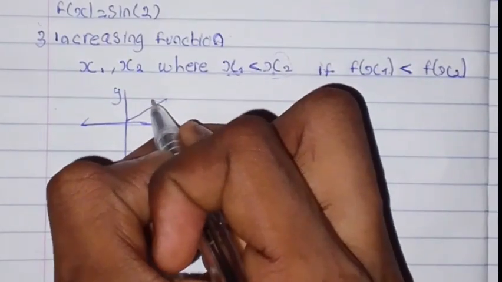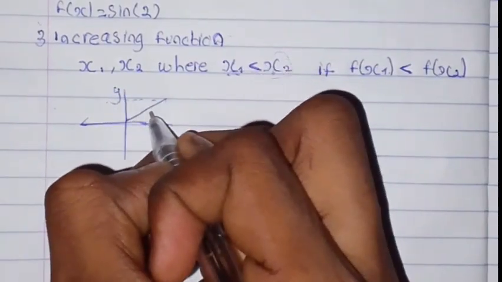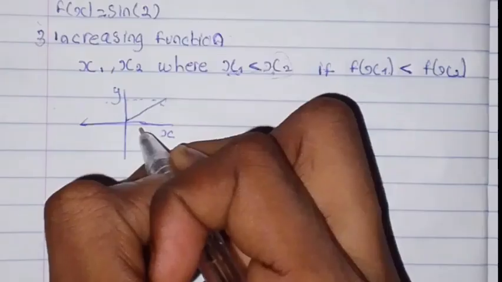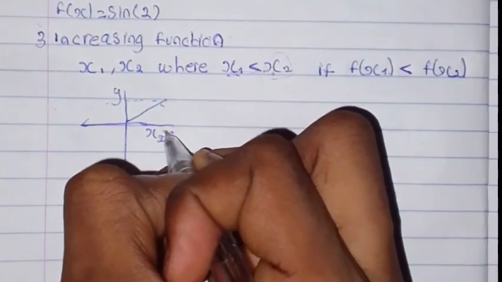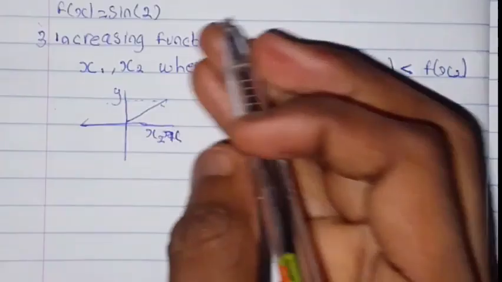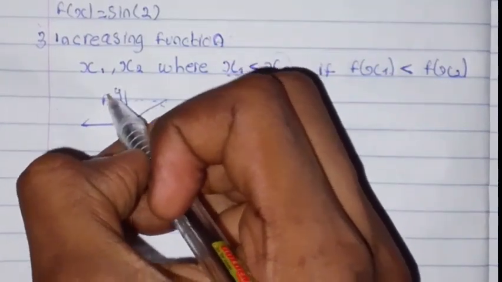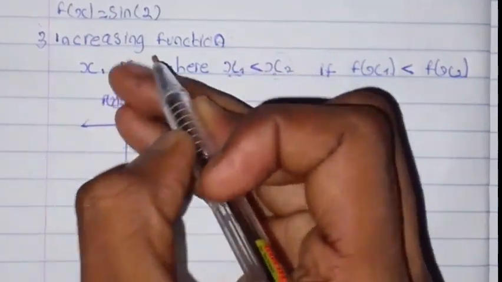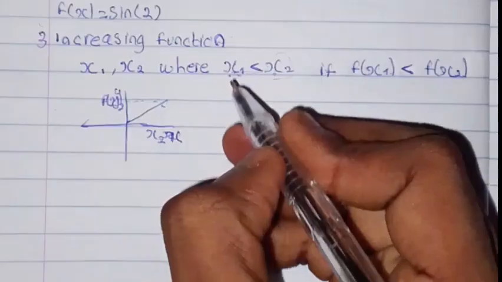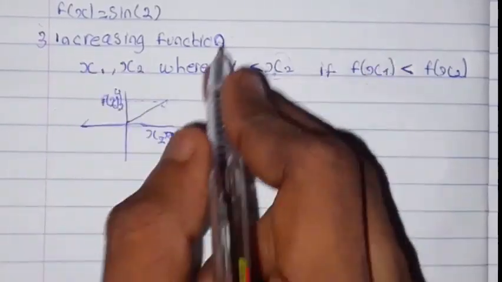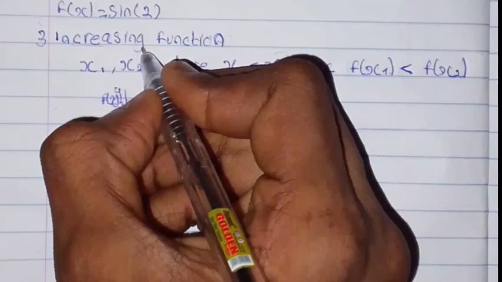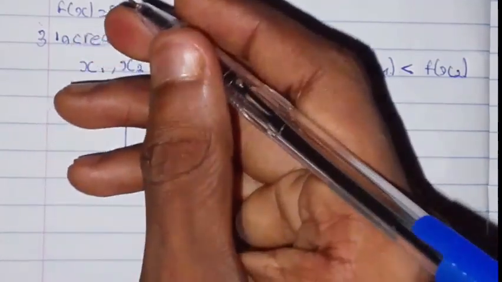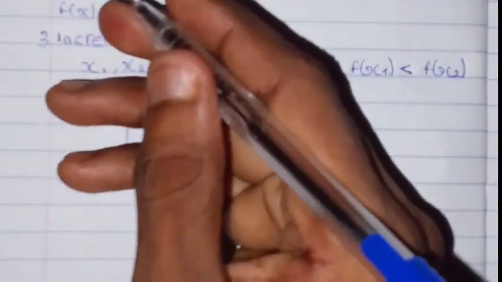Here we'll have f of x2, here we'll have x2. This is the x-axis. Here we'll have f of x2, something similar to that. Now this statement is not complete, because similar to an increasing function, we have a strictly increasing function.